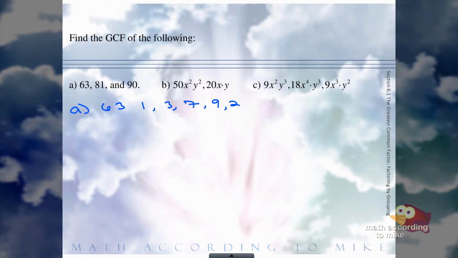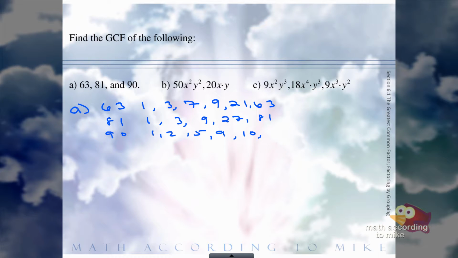And 21 and 63. And do the same thing for 81 and do the same thing for 90. Well, what will happen is on this list, you would look for the largest number in each group. And you would notice in this case that it would be 9.